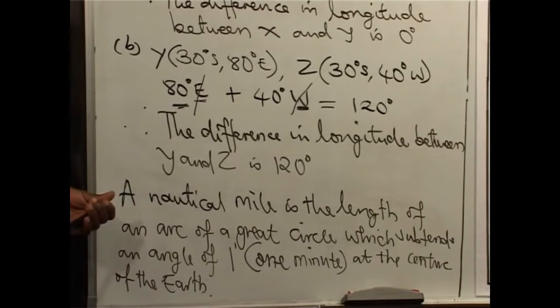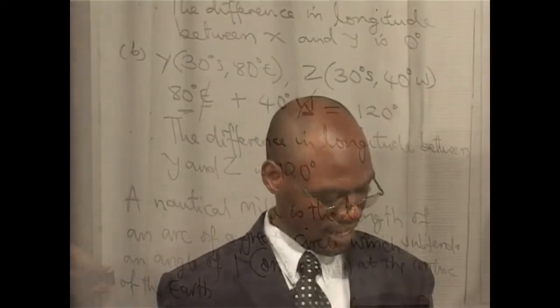From here we can see how we can convert the 1 minute in terms of degrees. As you can see, we were dealing with the degrees and also the circumference of the Earth, which is a great circle.